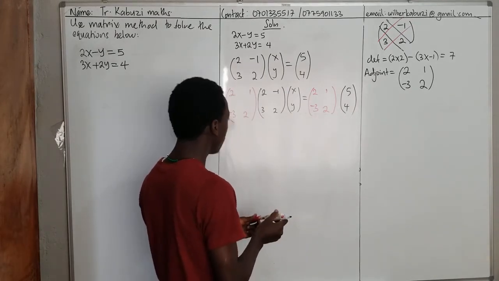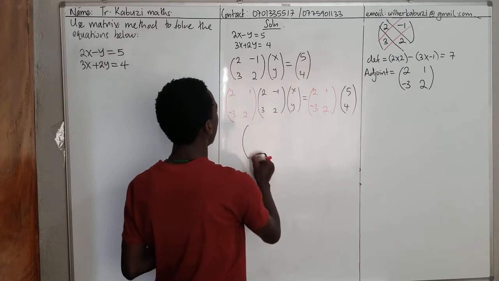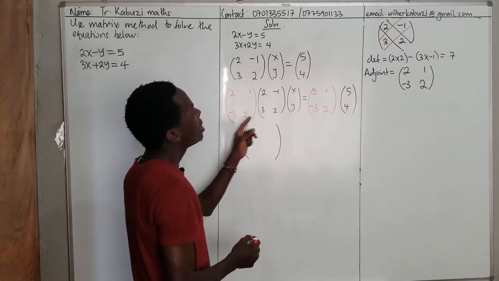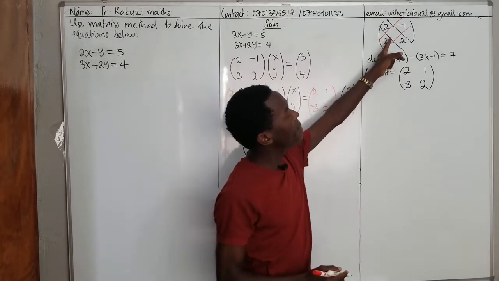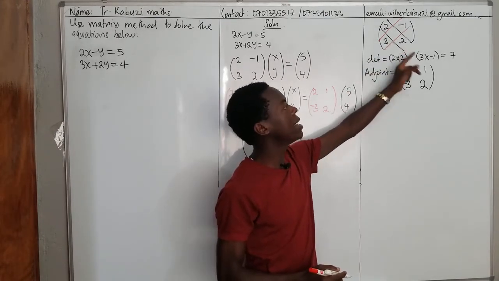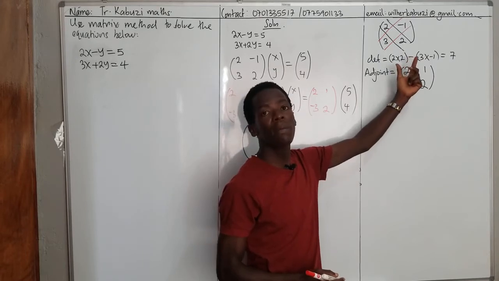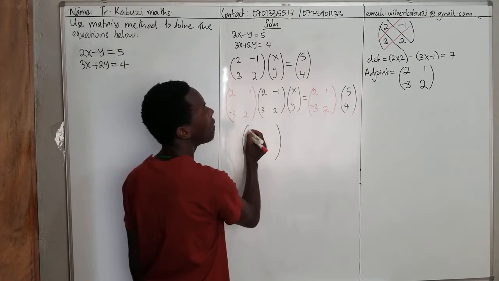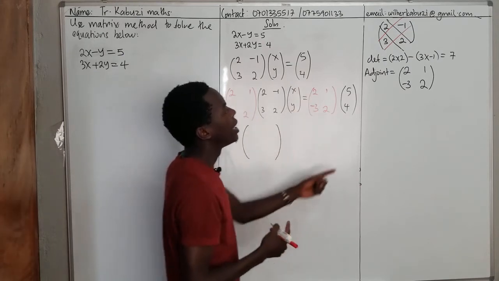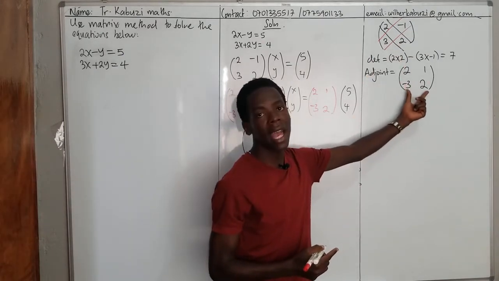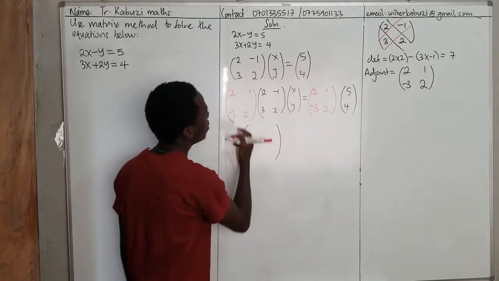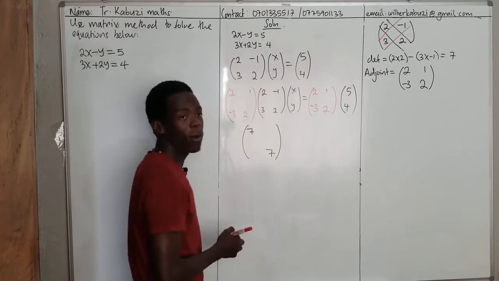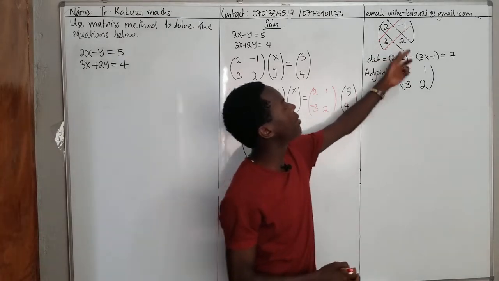In the major diagonal, we are going to have the determinant of the matrix we used to get this adjoint. So when we multiply, this will give you 7 and this will give you 7. Why? Because when I get the determinant of this matrix, I get 7.